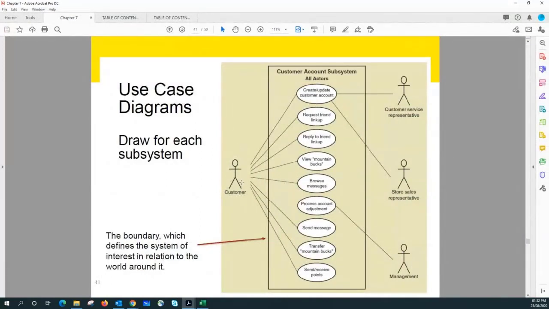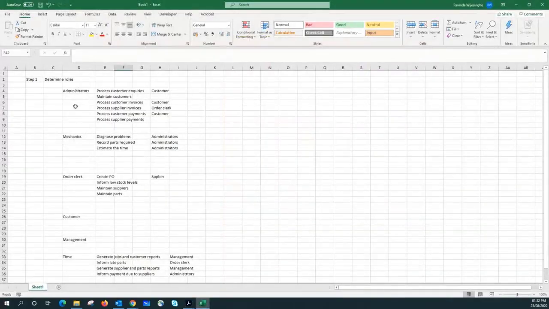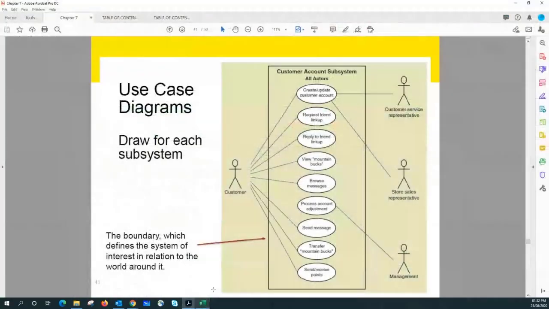The stick figure shows you the role, right? So these are the roles we have identified. And this box is the boundary of your system, a subsystem, right? And then we have the use cases, and then we have these links. So these are very simple symbols we need.